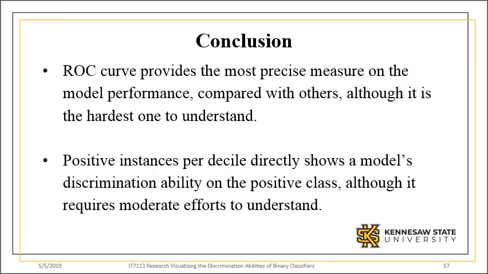Third, the ROC curve provides the most precise measure of model performance compared with the others, although it is the hardest one to understand. Fourth, positive instances per density directly shows a model's discrimination ability on the positive class, although it requires moderate effort to understand.